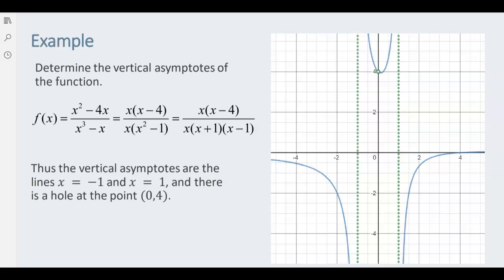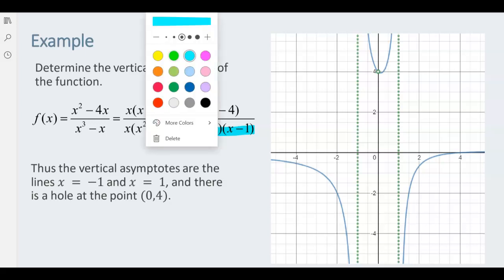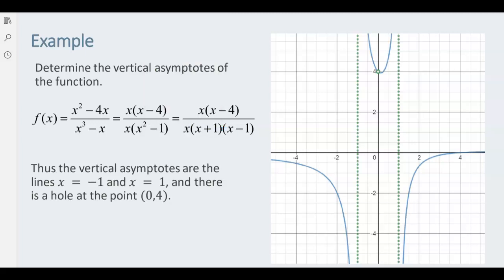We factored the numerator too because we're going to use that for a different part of graphing. The denominator you can see factored like this. So we have asymptotes at x equals 1 and x equals -1. Now, one of the interesting things about this particular graph is that the term x, these two canceled each other.